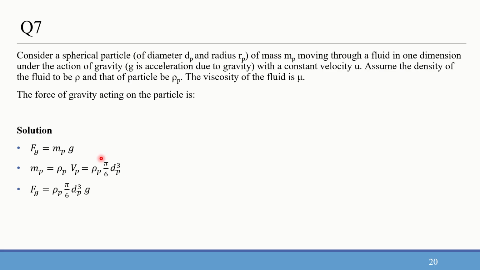Substituting this in here gives Fg is equal to rho p into pi by 6 dp cube into g. We are asked to find the force of gravity acting on the particle. We can straight away give it as mpg, or in a more detailed manner, rho p into pi by 6 into dp cube into g. So that is the answer for question 7.